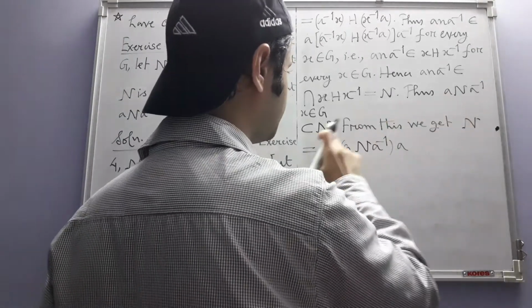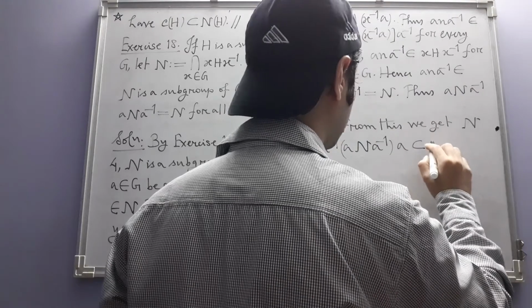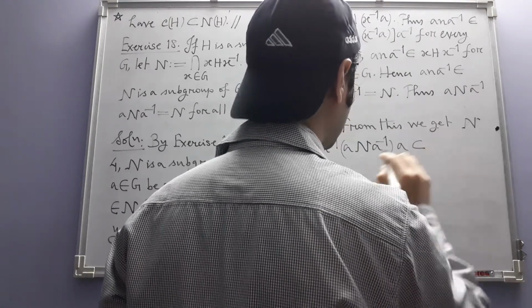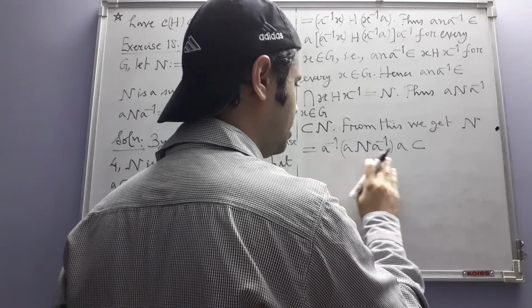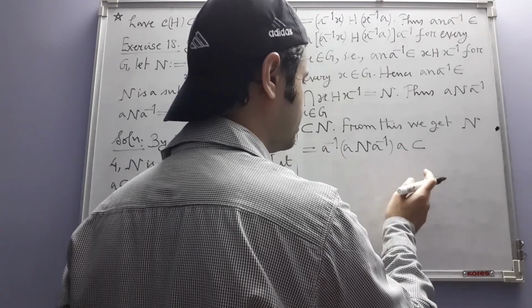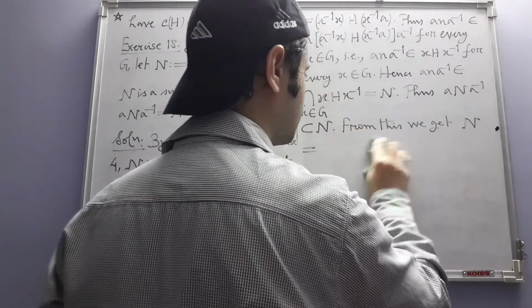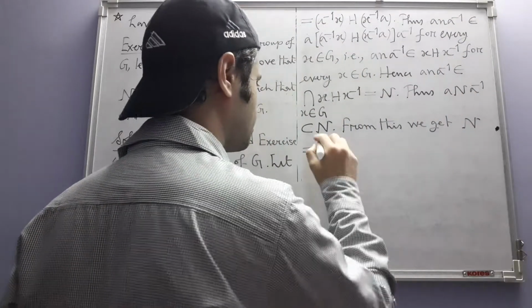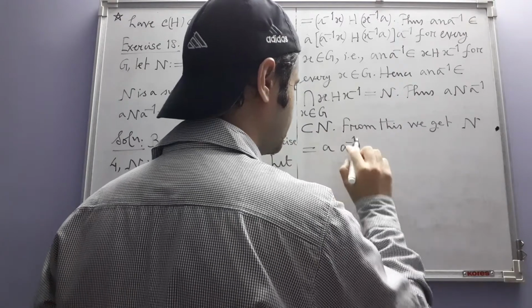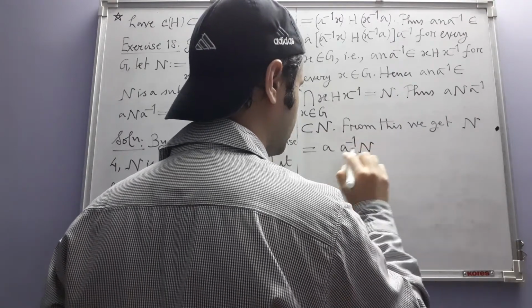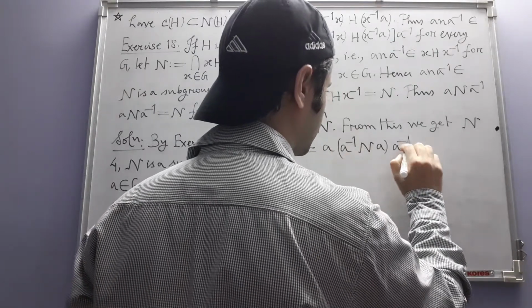But we have already proved that this is contained in N, so that means this will be contained in... if I take A inverse here, then I will in fact have the opposite thing. So instead, let us write it like this: A inverse N A inverse.